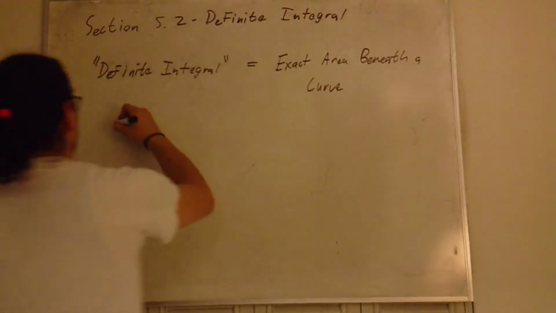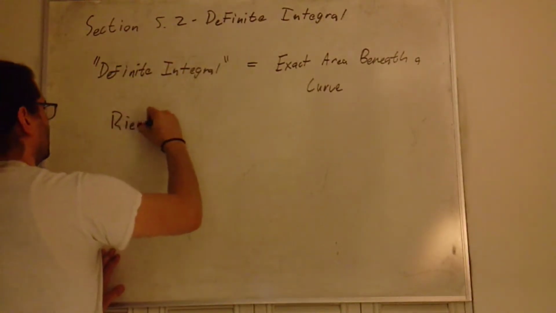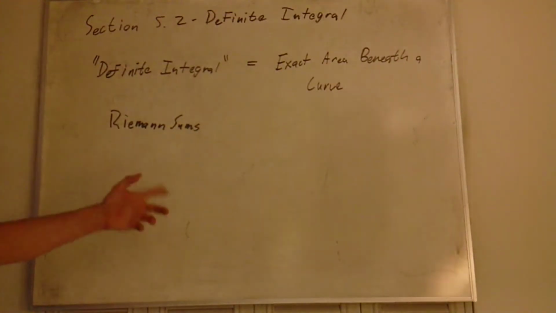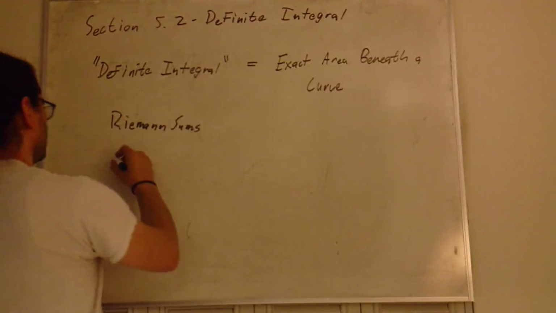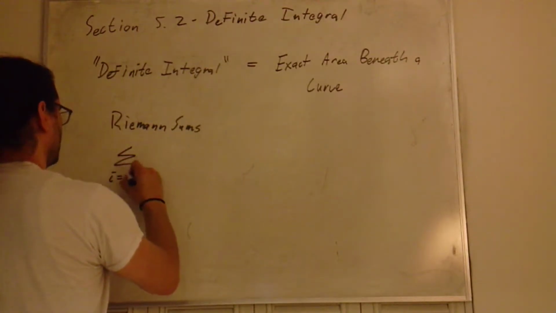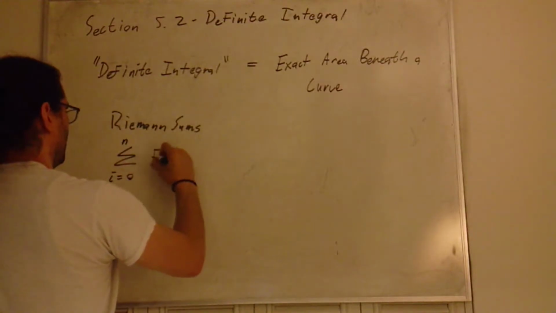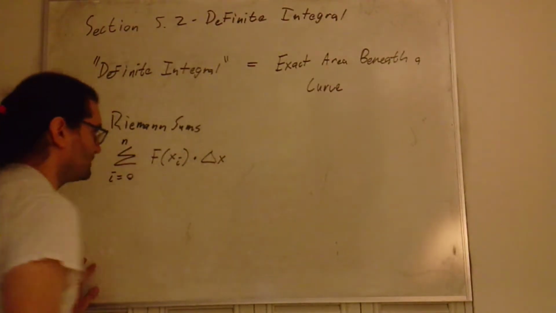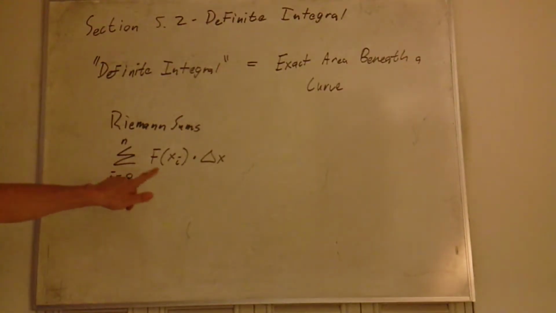So when we did Riemann sums, the fancy way of writing a Riemann sum looks like this. The sum from i equals 0 to n of f of x sub i times delta x. And we've seen some of these symbols before.